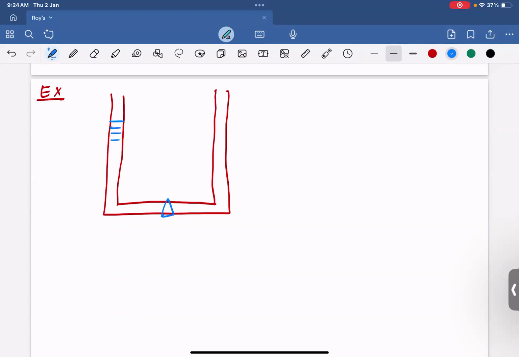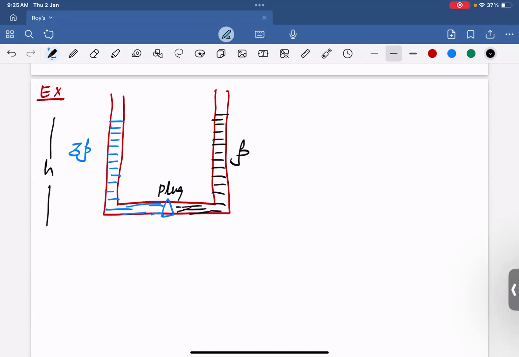This side I have kept a liquid on this arm. Its density is, let's suppose, 3 rho, and this side I have kept another liquid of density rho, and I have kept them at the same height, same depth h, by this plug.